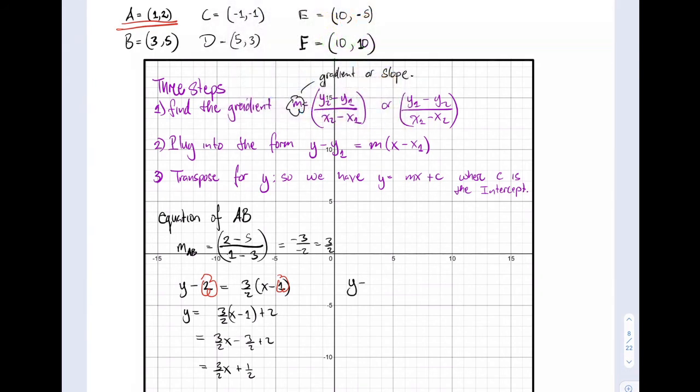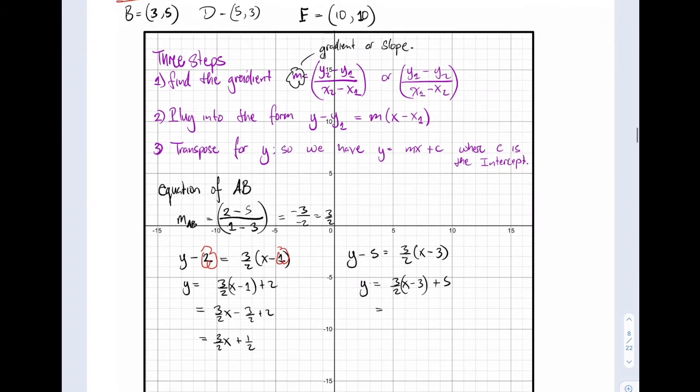So here I can say y minus 5 is equal to 3 over 2 (x minus 3), because here I'm using 5 and 3. I put 5 here, y minus y, because 5 is the y value, and x minus x, because 3 is the x value. Now this becomes y equals 3 over 2 x minus 3, plus 5.